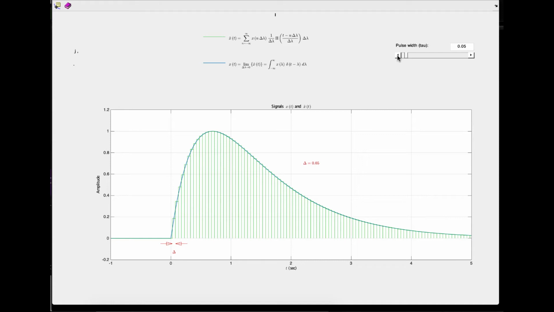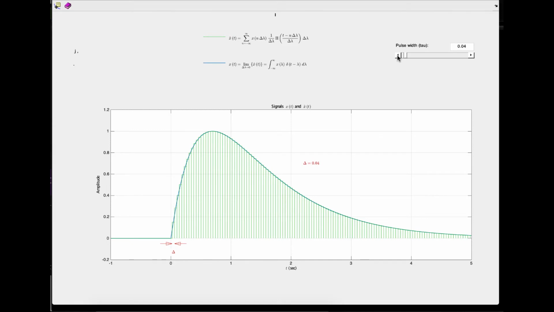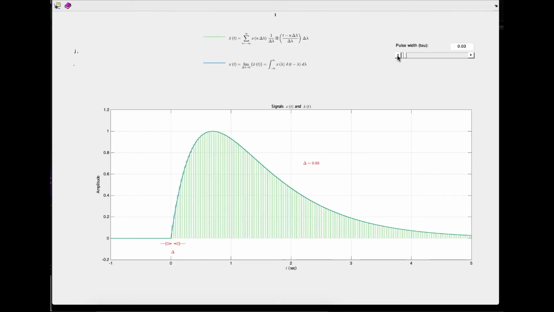If you reduce it further it will become an impulse, and your blue will completely go away and green will sit on top of it. Let me reduce it by one more, 0.04, 0.03. Now you see how fine it is, and the green, which is the approximated function, becomes exactly equal to the blue one, which is the original signal.